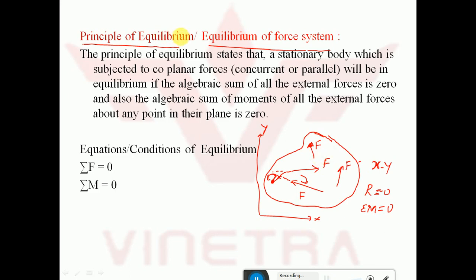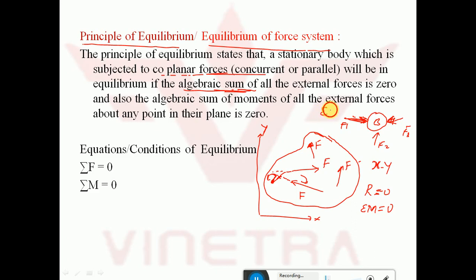Now let us come to the principle of equilibrium. The principle of equilibrium states that a stationary body which is subjected to coplanar forces, that is, a body which is already stationary and is subjected to a few coplanar forces, will be in equilibrium if the algebraic sum of all the external forces, that is F1, F2, F3, is equal to 0.